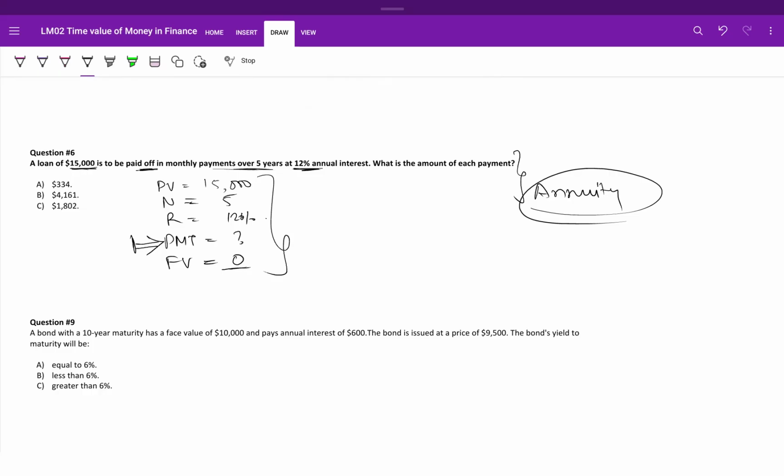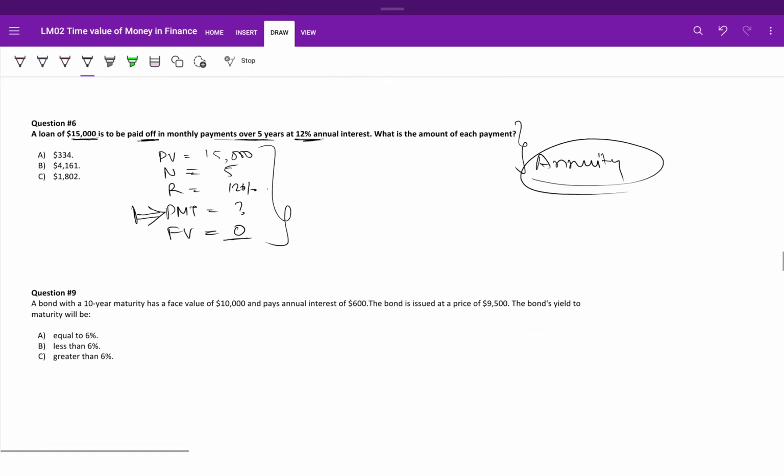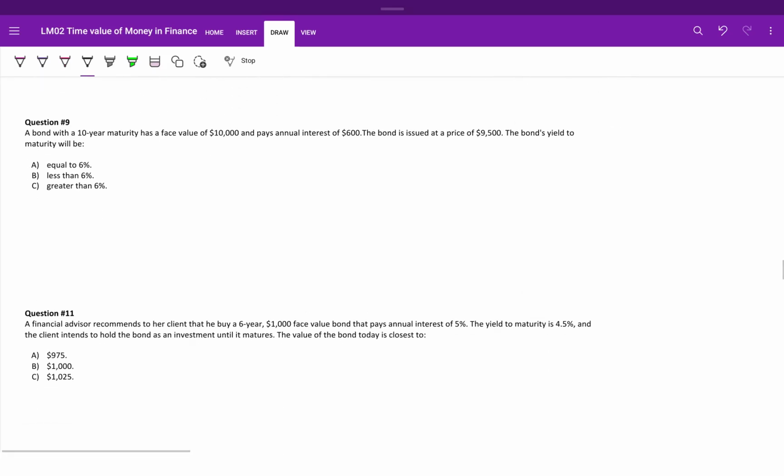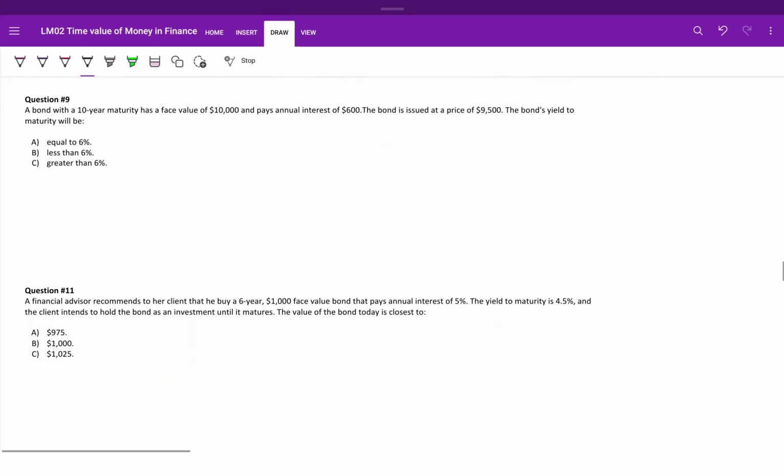If you find any difficulty, post a comment in the comment section, and I will get back to you. Any difficulty using the calculator, just post a comment on question number nine, and also share the timing, the reference, so that I would be able to go to that specific time and answer your query. This is related to what?